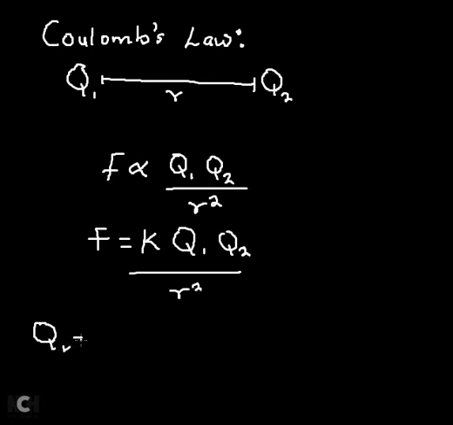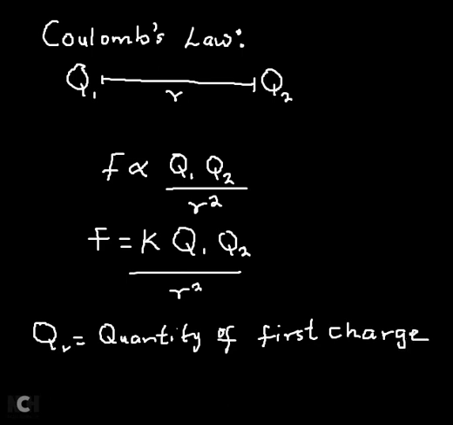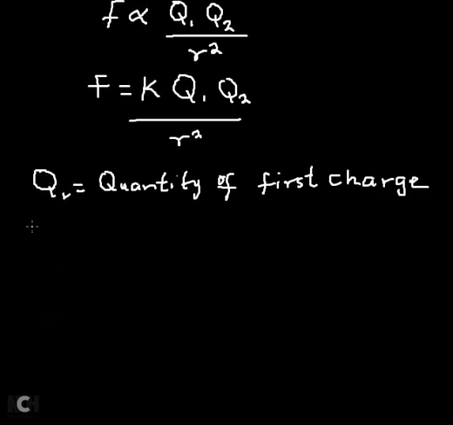So I can still write that down. Q1 is the quantity of the first charge. Then Q2 is the quantity of the second charge.